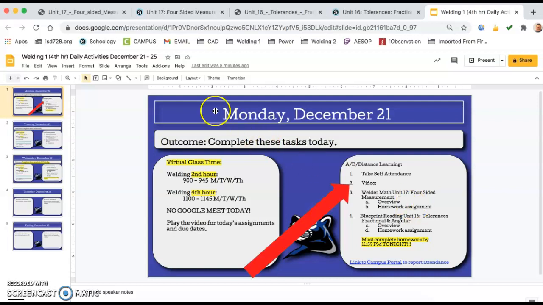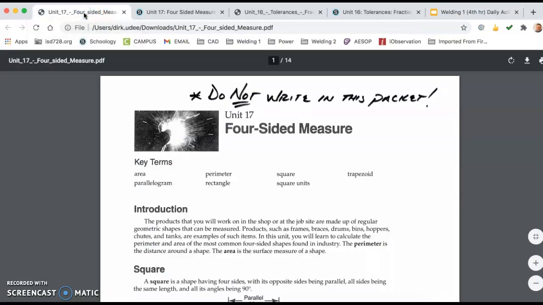So we're going to talk about the math unit first. Your math unit is going to be four-sided measurement, which realistically is basic geometry. Now, we're not talking proofs and theorems if you've already taken geometry before. We're looking at a couple key things here.